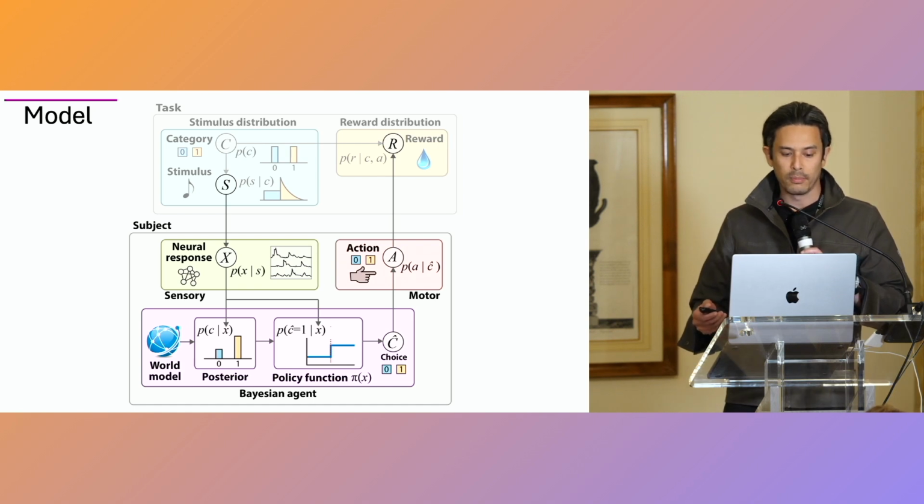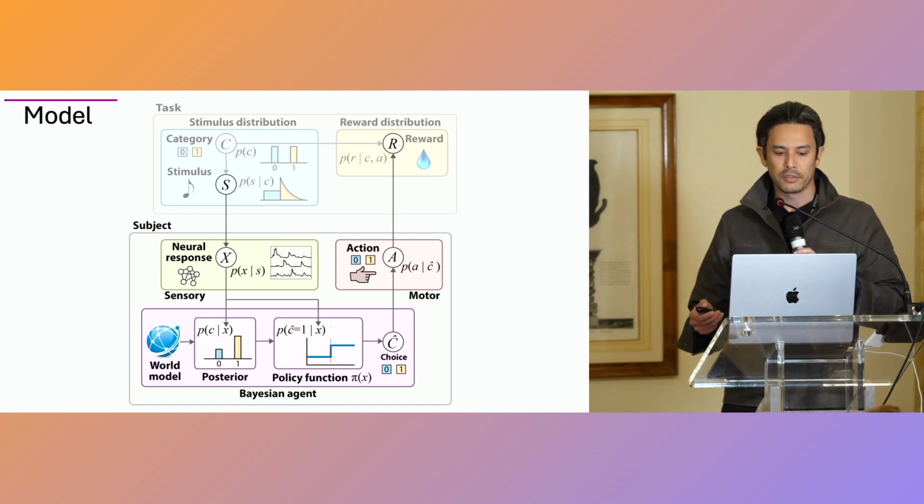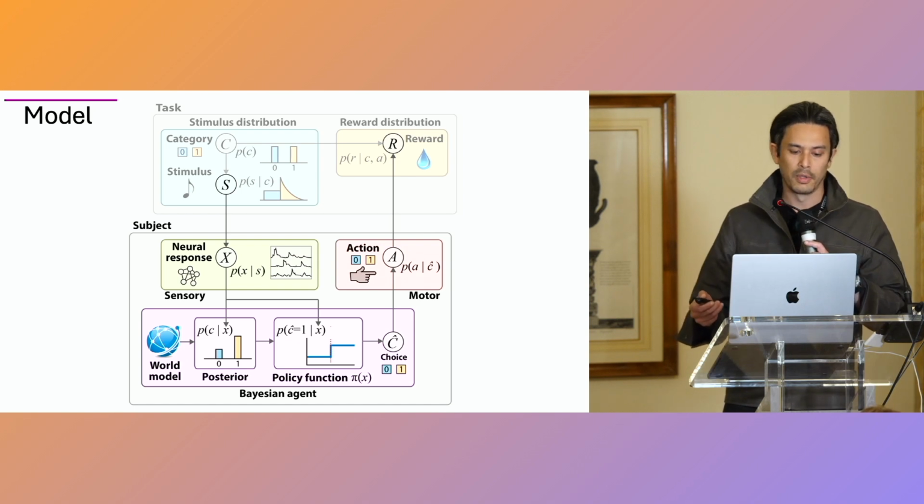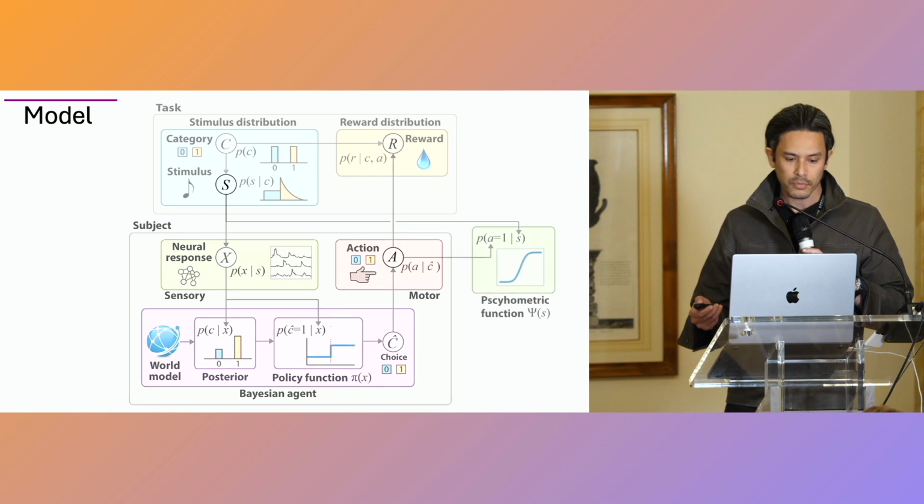So it forms an internal binary choice using a policy function, which we allow to be stochastic. And a binary action is produced downstream where bit flip decision noise is added to the agent's choice.